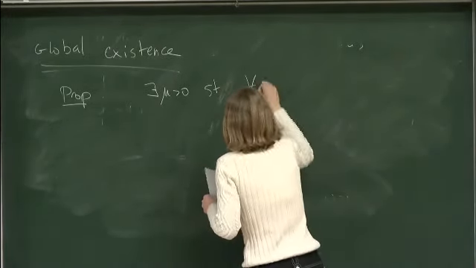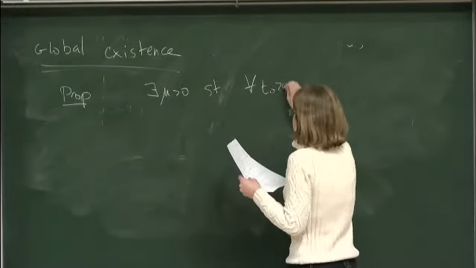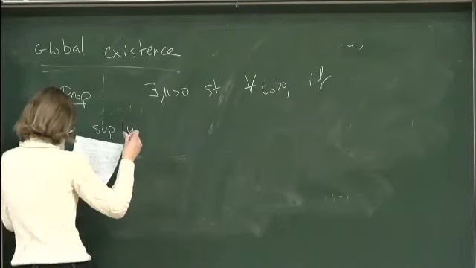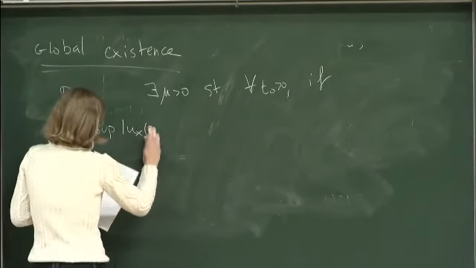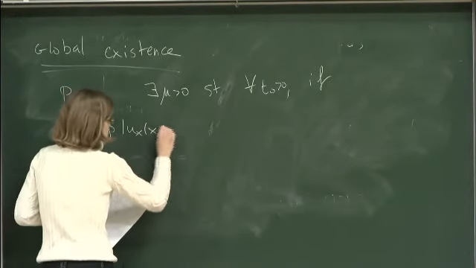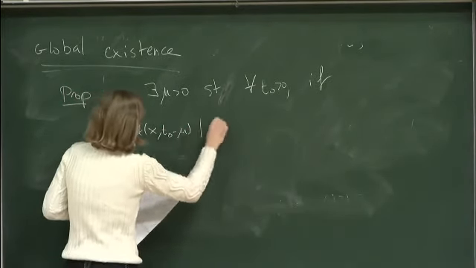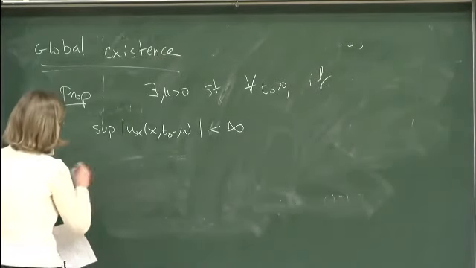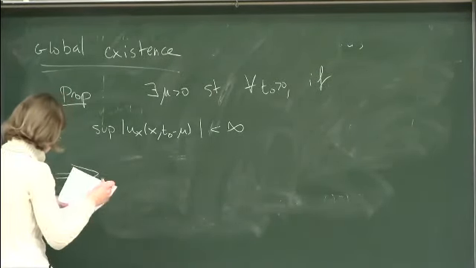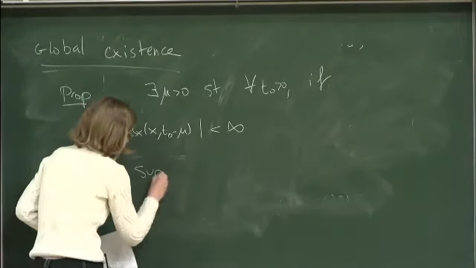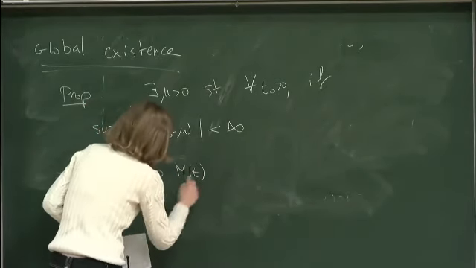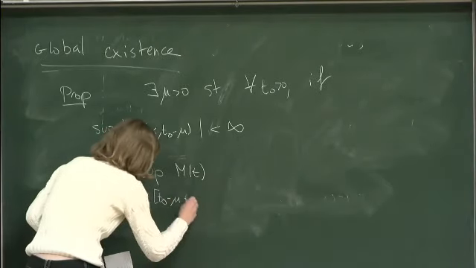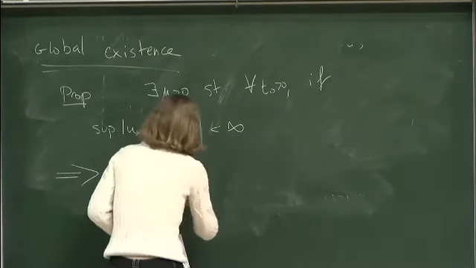Such that for all time t0, if u of x at time t0 minus mu is finite, then you can get that the supremum of the derivative for t between t0 minus mu and t0 is finite.